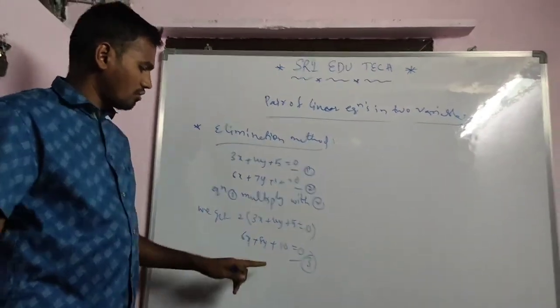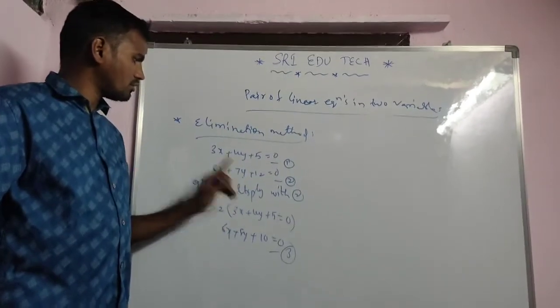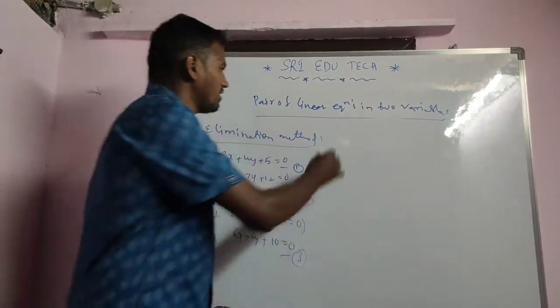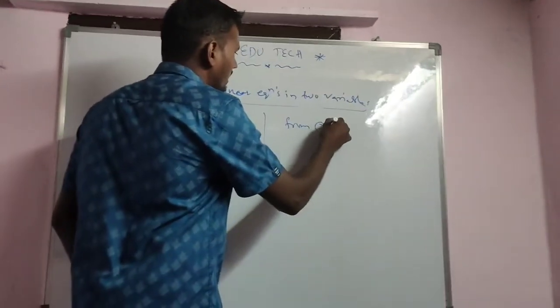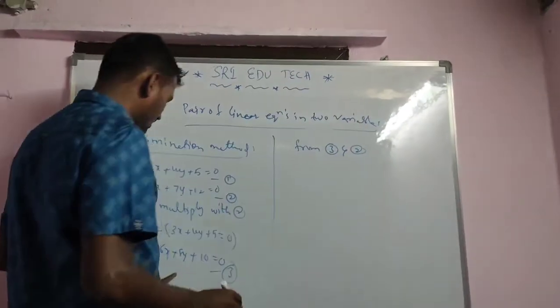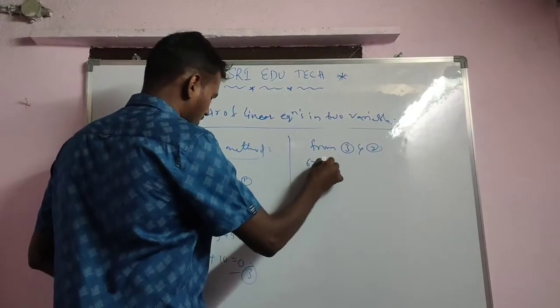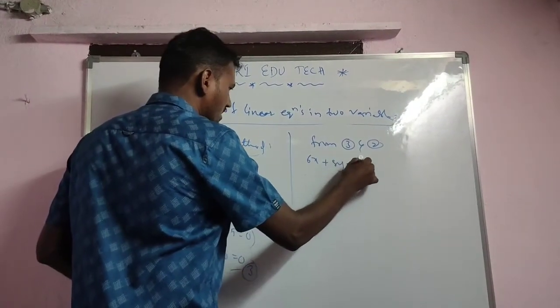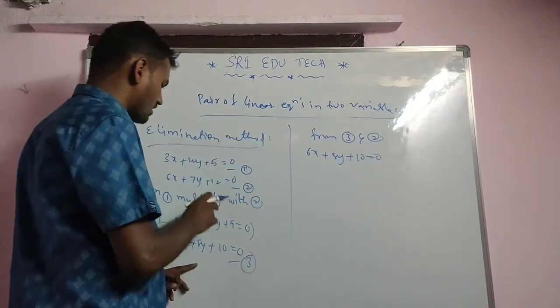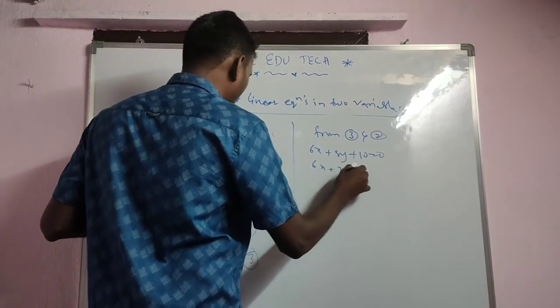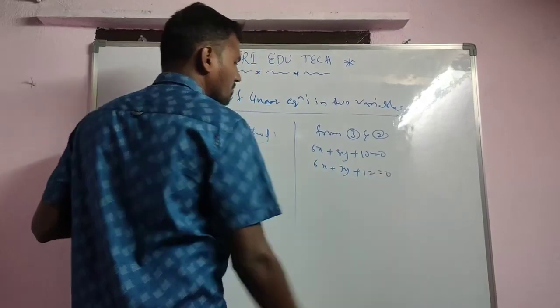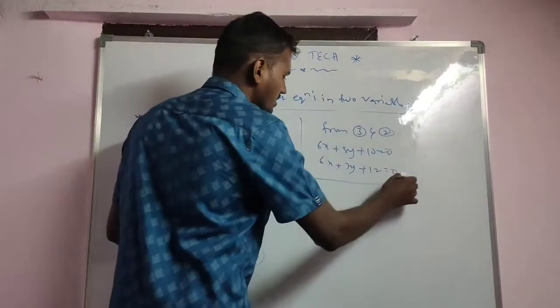Now from 3 and 2. What is 3? 6x plus 8y plus 10 is equal to 0. Next, what is 2? 6x plus 7y plus 12 is equal to 0. Solve these equations.